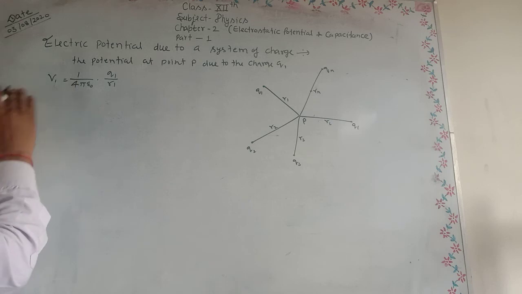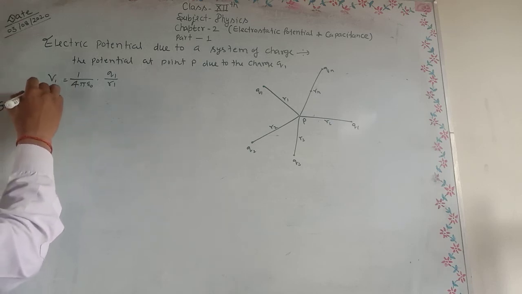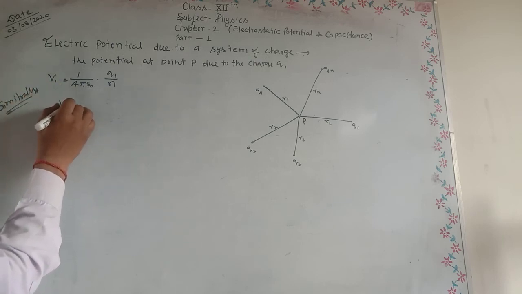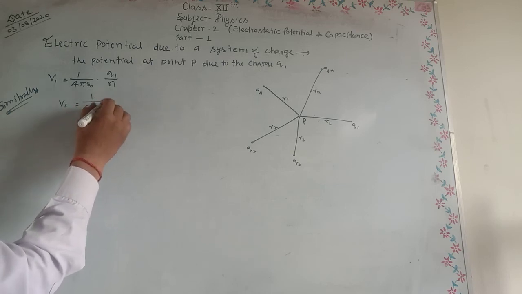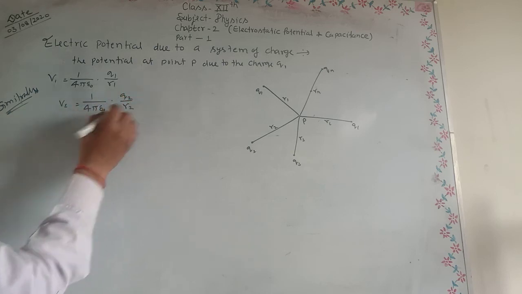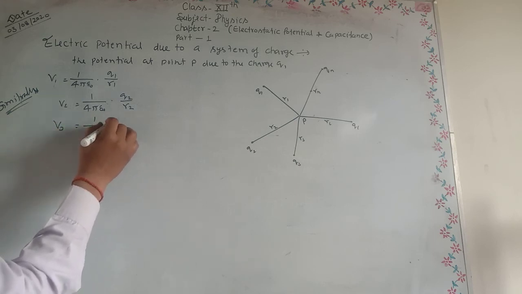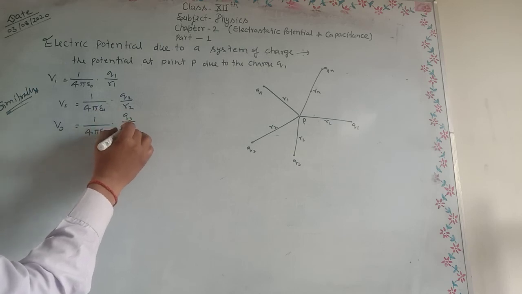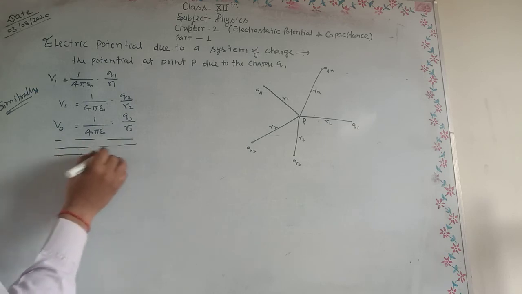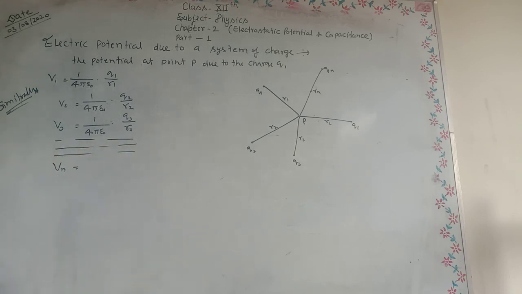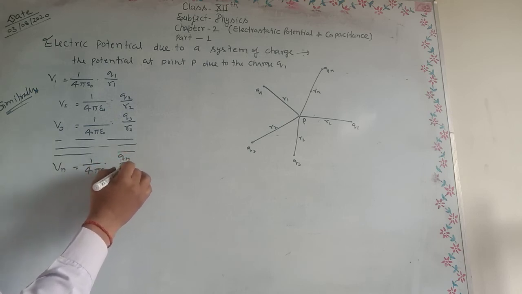Similarly, V2 is equal to 1 upon 4 pi epsilon naught into Q2 upon R2. V3 is equal to 1 upon 4 pi epsilon naught into Q3 upon R3, and so on. Vn is equal to 1 upon 4 pi epsilon naught into Qn upon Rn.